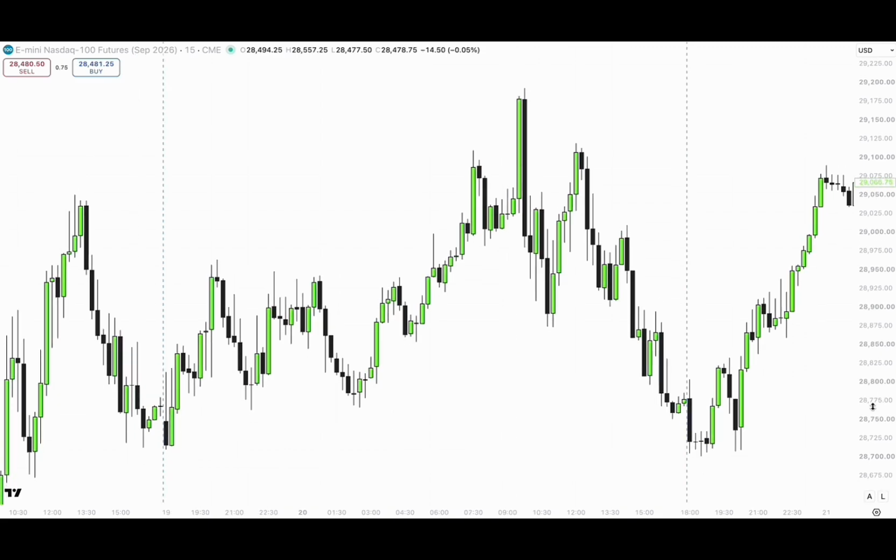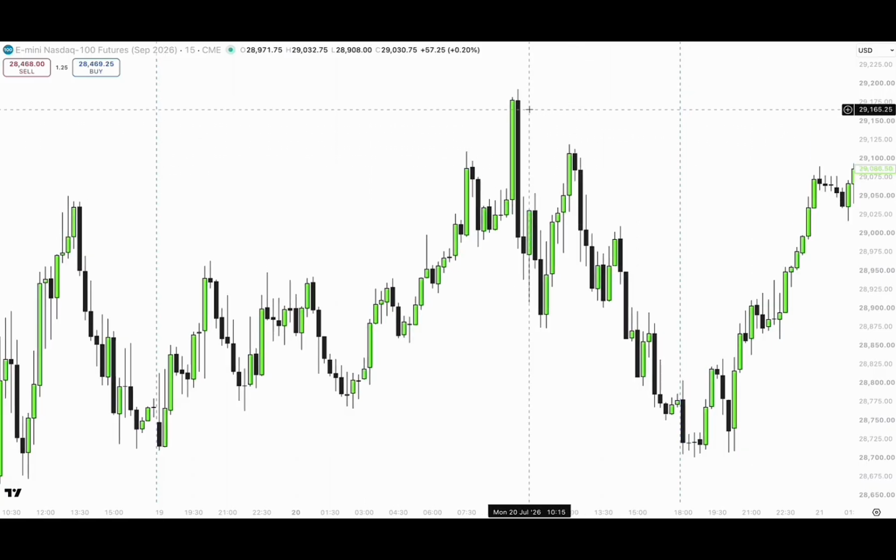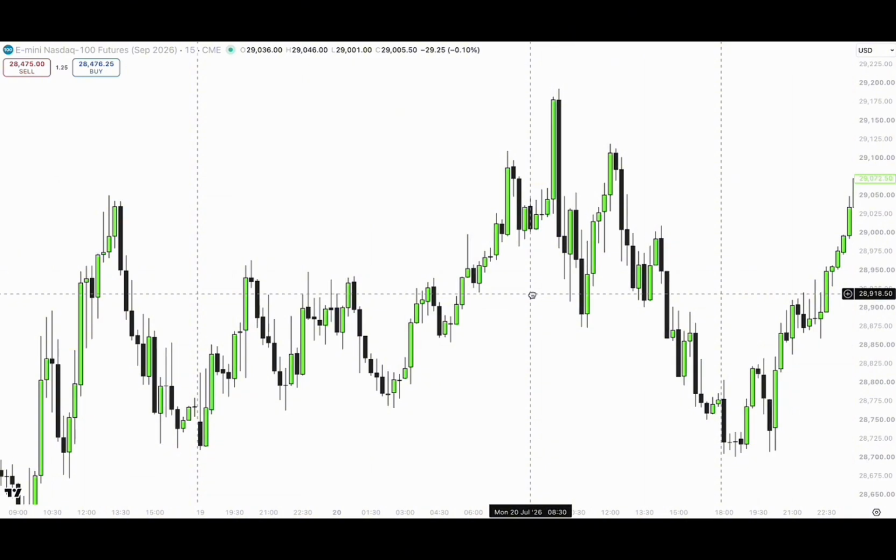The most important thing to catch the top or the bottom of the market is to look at the previous price action that we already had in the day. So for example, right here, we can see that at 9:30 we opened up and then we traded to the upside, and from there we dropped heavily to the downside.